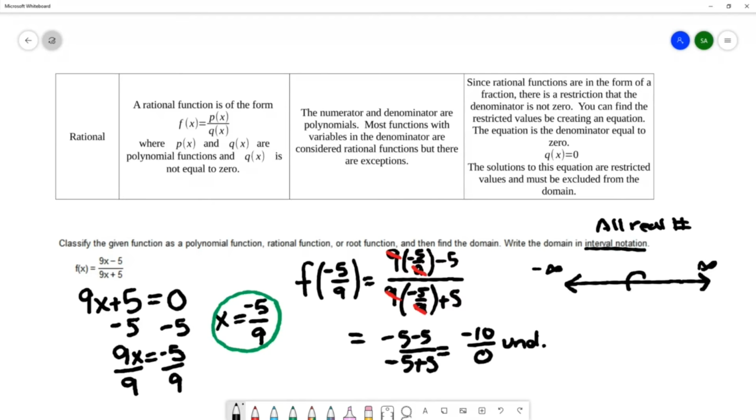So I'm going to mark on the number line that restricted value, and I'm marking it with an open circle. We use the open circle to indicate that that is not part of the set. And we're going to shade the rest of the line. Our only restricted value is -5/9.